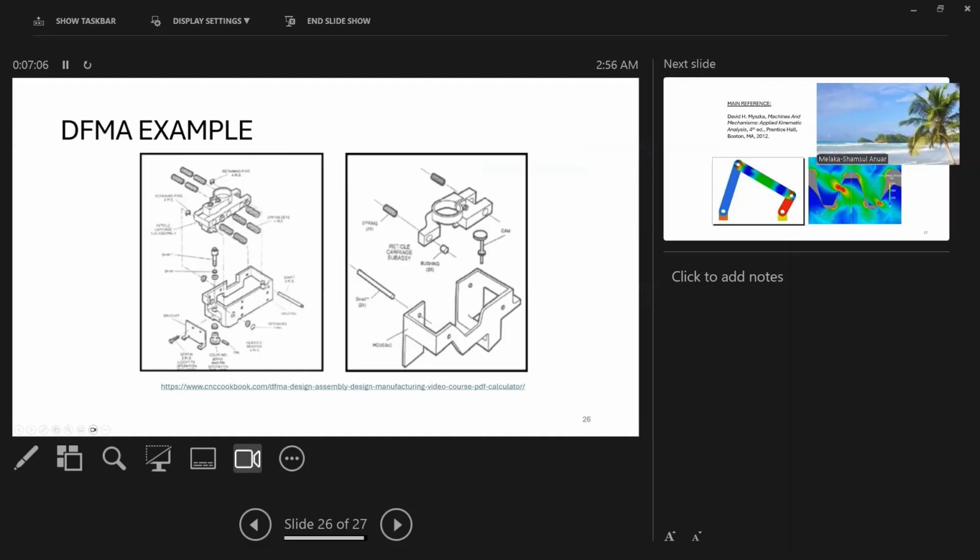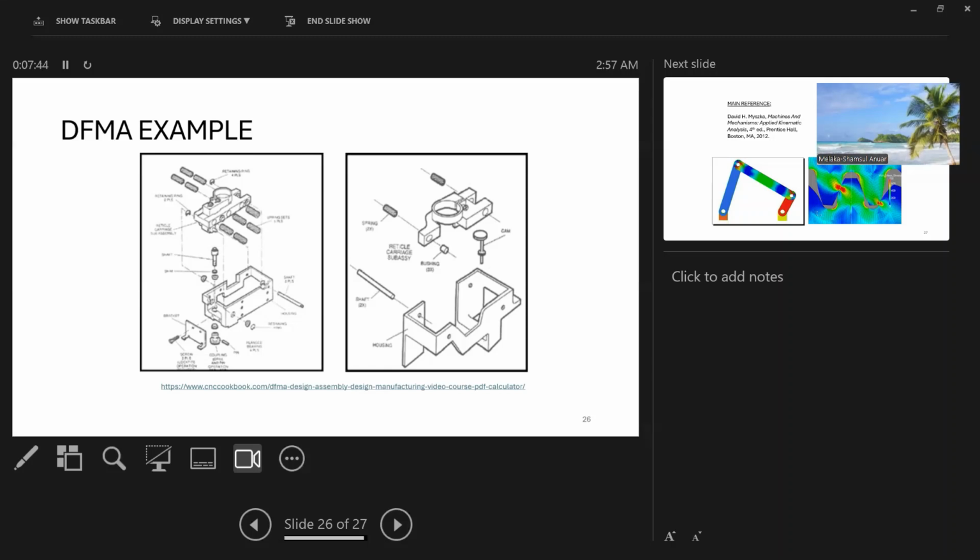DFMA is known for reducing the number of parts to simplify the manufacturing. But as I said in class, this will make the components highly customized, and in certain ways that will also raise the cost of the parts.